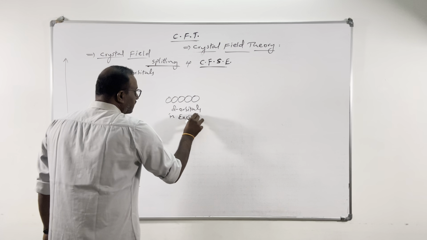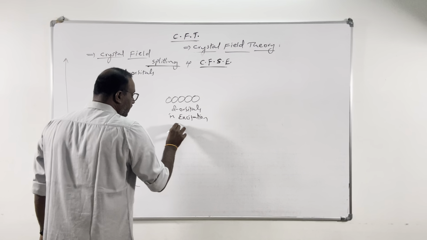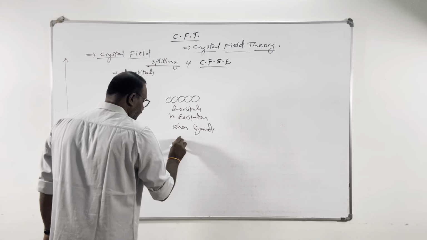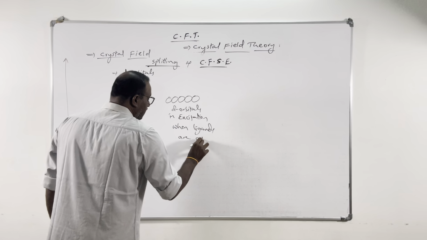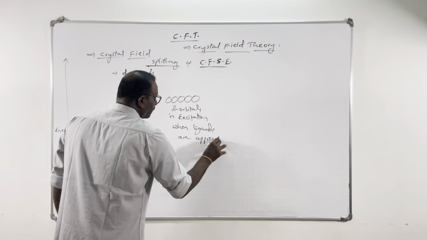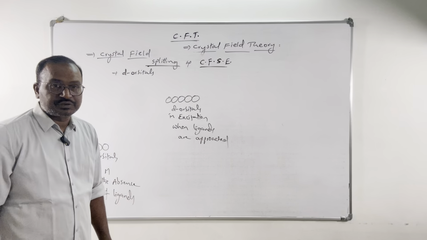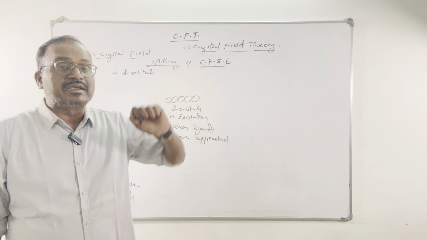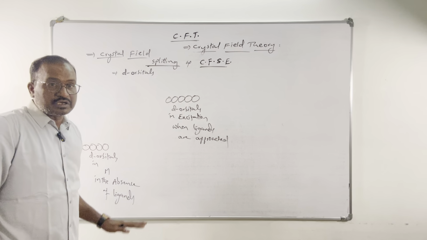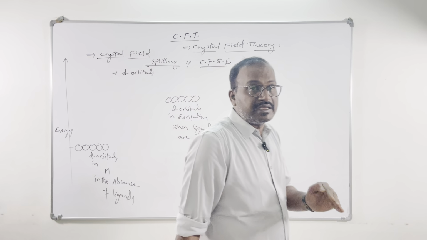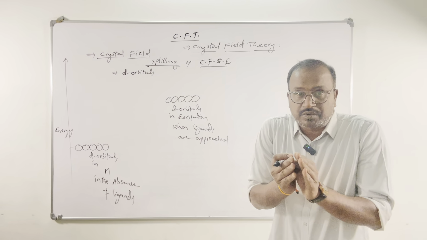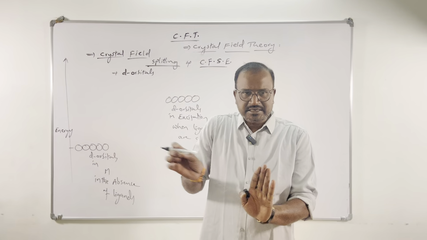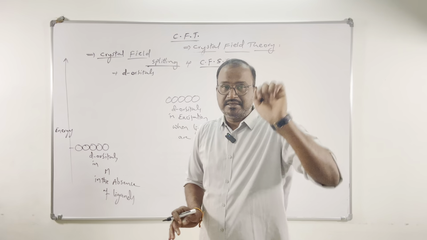When ligands are approached, the energy of d orbitals will be increased. If there are no ligands, then the energy of the d orbitals is less. When the ligands are coming, the energy will be increased.